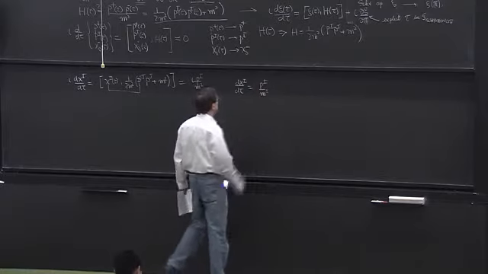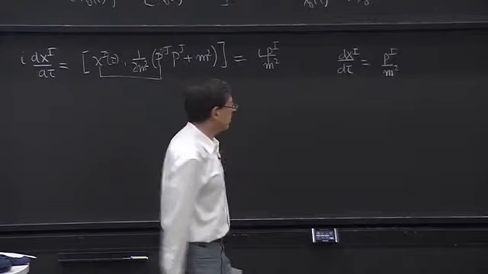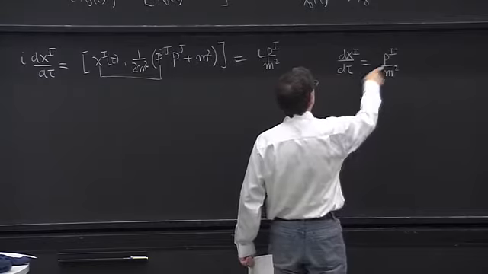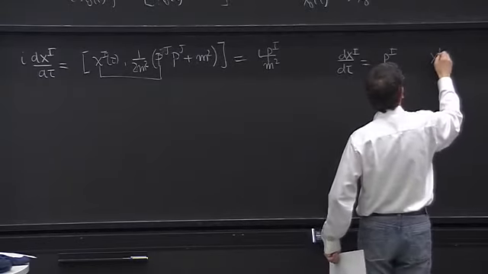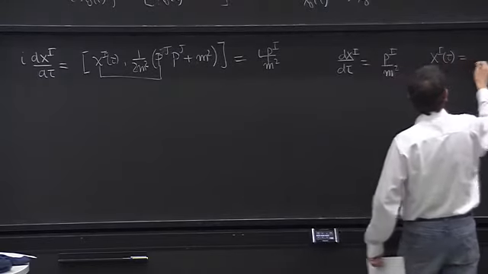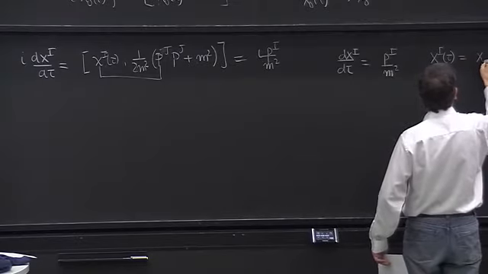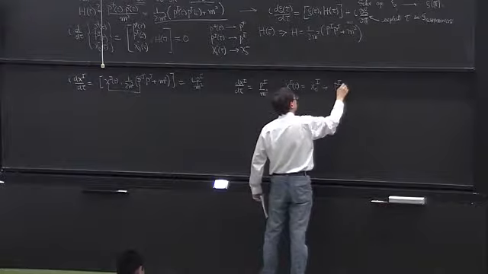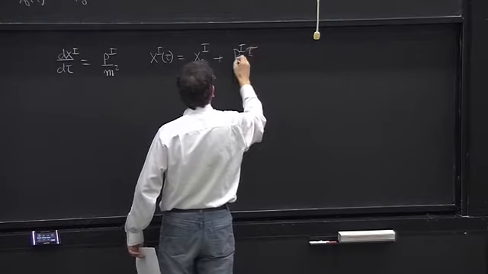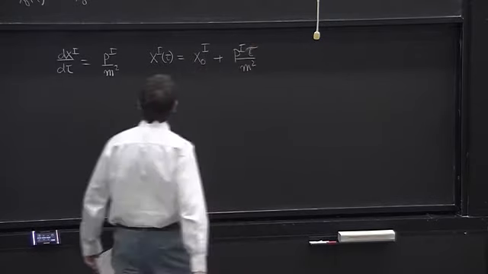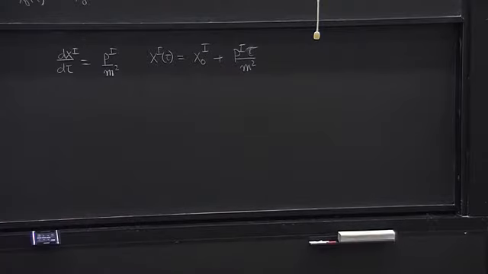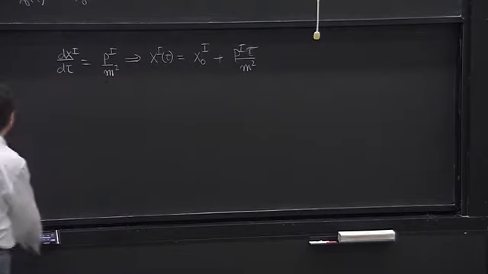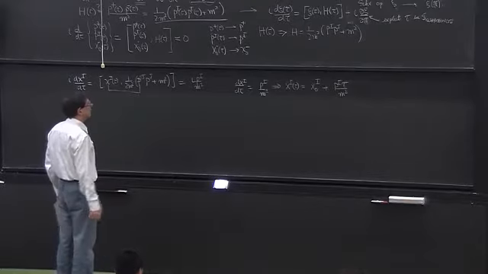And that was a thing we had in the classical theory, that pi is the momentum associated with xi, and therefore xi of tau can be written as a constant x0 i plus pi tau over m squared. It's a solution of this equation, and it's exactly what we had in the classical theory.